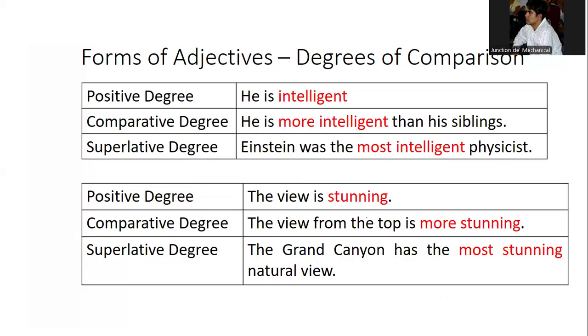He is more intelligent than his siblings. Einstein was the most intelligent physicist. The view is stunning. The view from the top is more stunning. The Grand Canyon has the most stunning natural view. So, stunning, more stunning, most stunning.